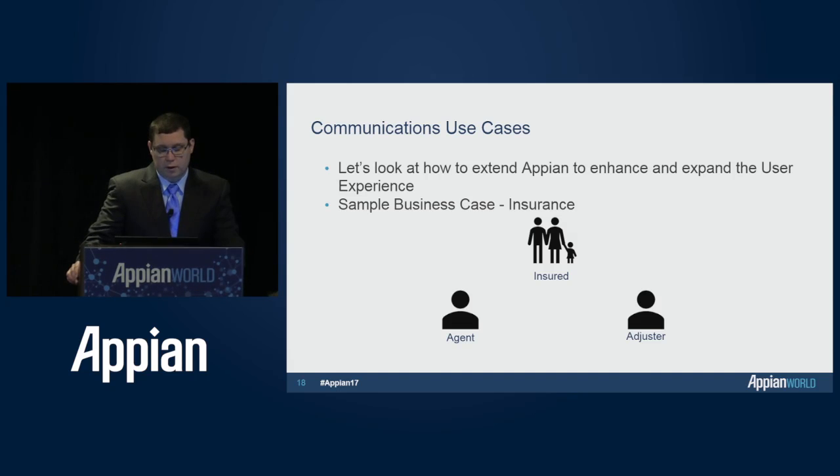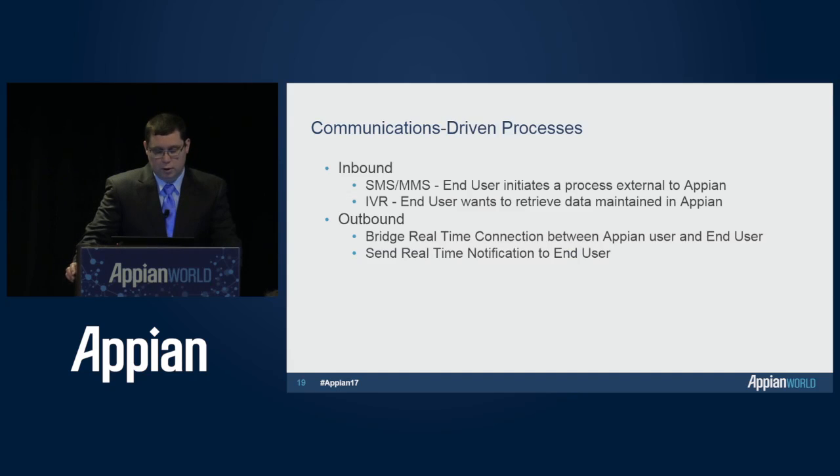For inbound messaging, we're going to start a process via a picture message or a text message. For IVR, or inbound voice, we're going to have an automated IVR that's powered directly by Appian using an Appian process model and some web APIs.